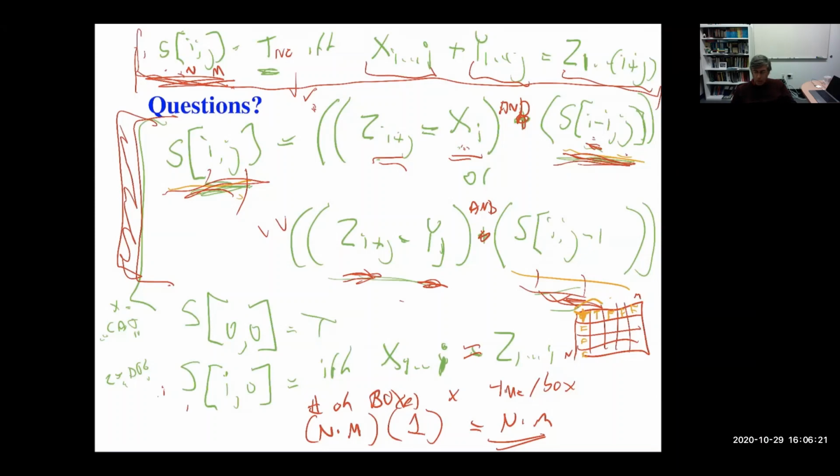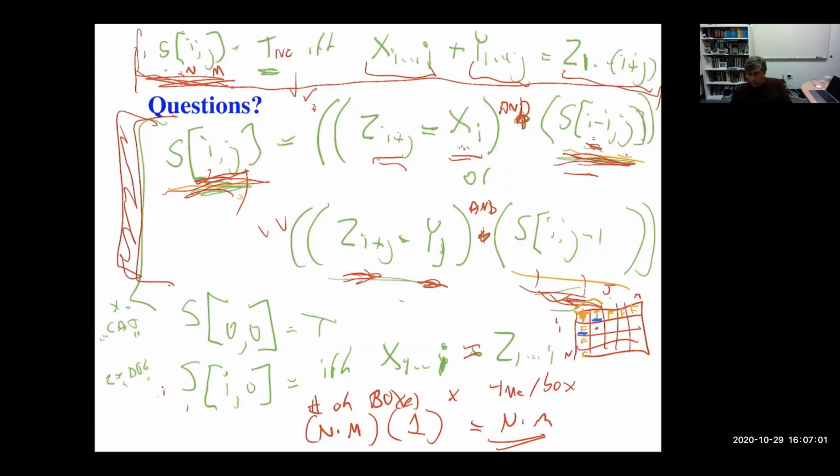Then what do I got to do? I am then going to fill this table in an order such that the items I need are there. If this cell here is going to be my i, and this is going to be my j, what cells do i and j need? I think the cells that I need are this cell and this cell.